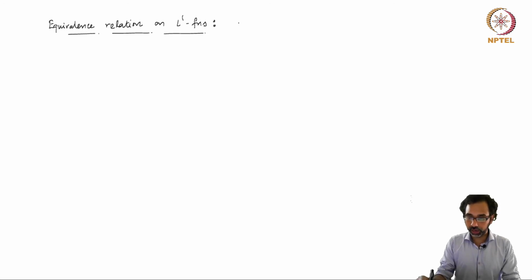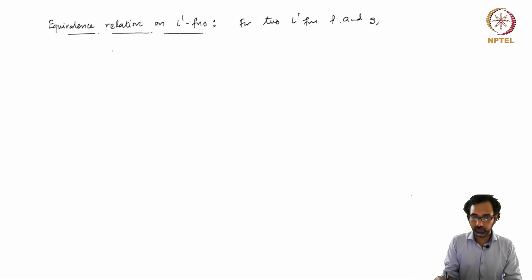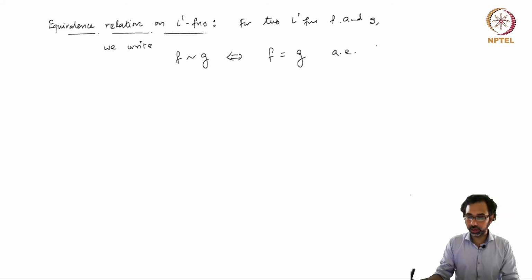Now we put an equivalence relation on L1 functions as follows. For two L1 functions f and g, we write f is equivalent to g if and only if f agrees with g almost everywhere, again with respect to the Lebesgue measure.